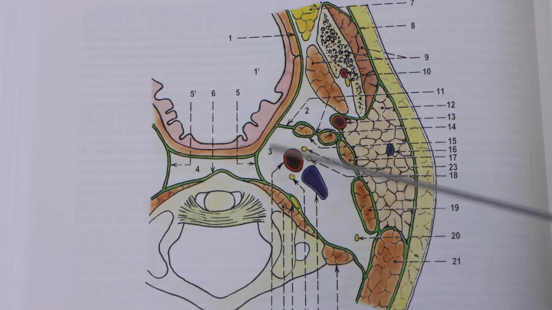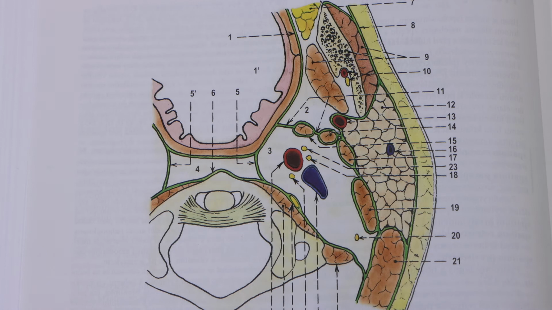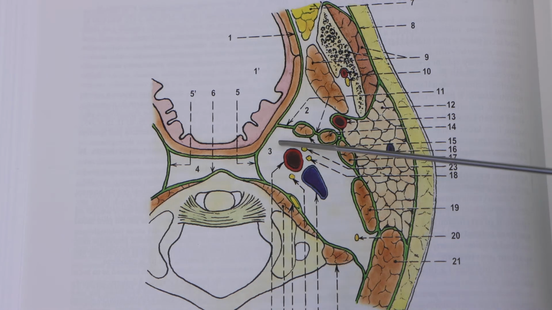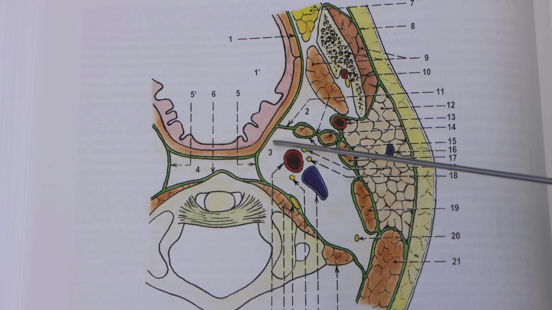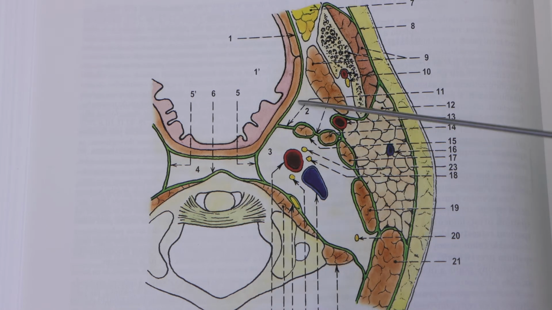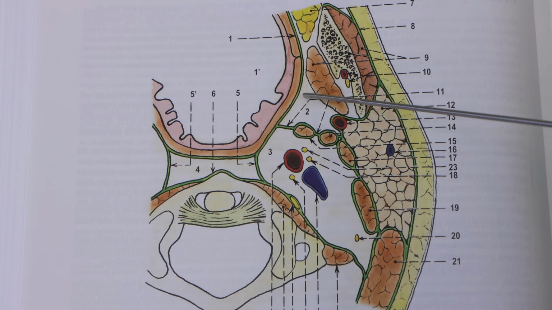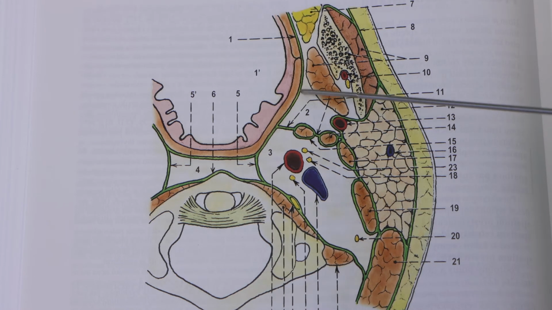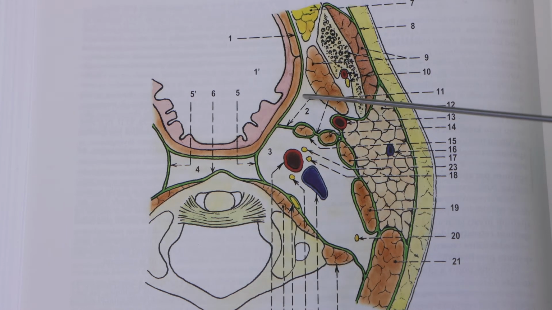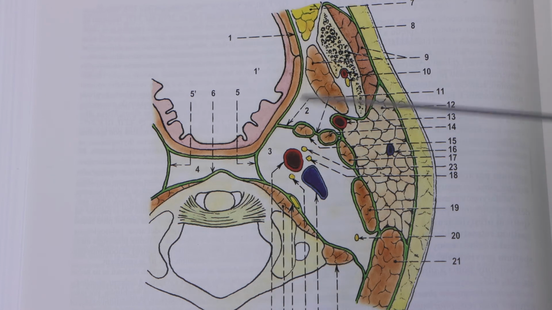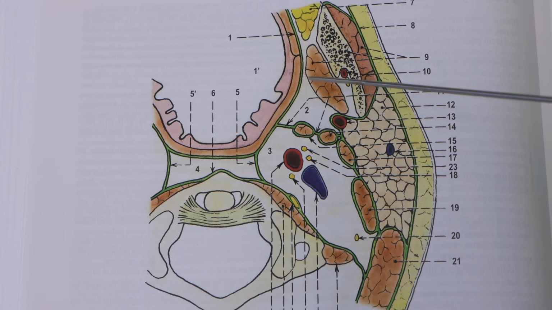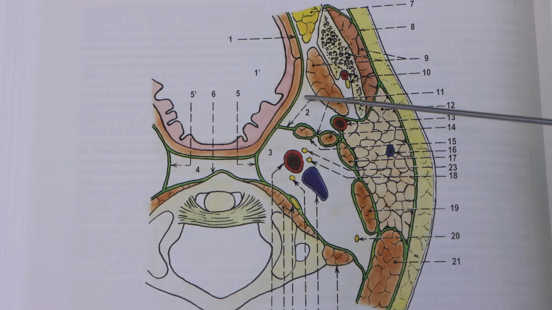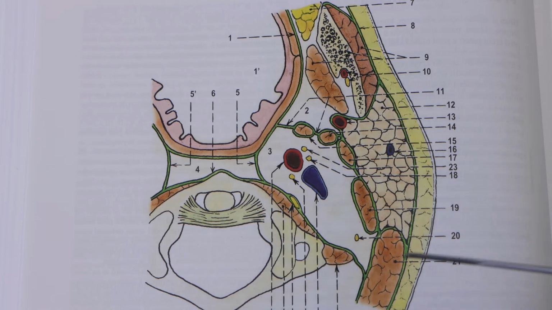Together in this area is the ascending pharyngeal artery, which is a content of the retrostyloid part, and the ascending palatine artery, which is the main blood supply for the palatine tonsil, is located in the peristyloid part. So the ascending palatine is in the peristyloid part, and the ascending pharyngeal is in the retrostyloid part.